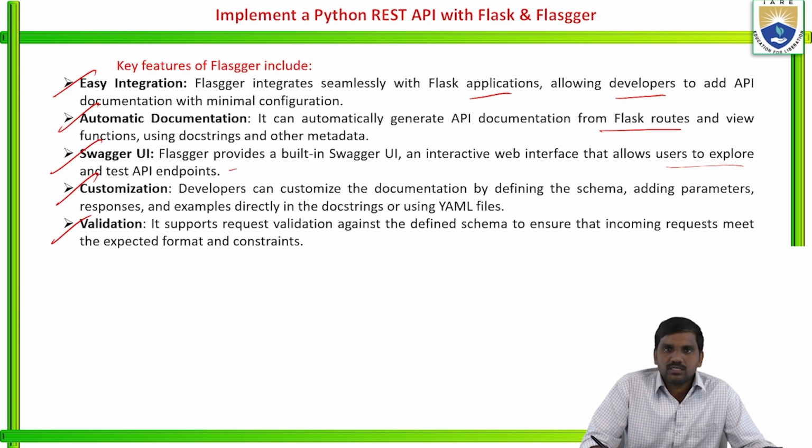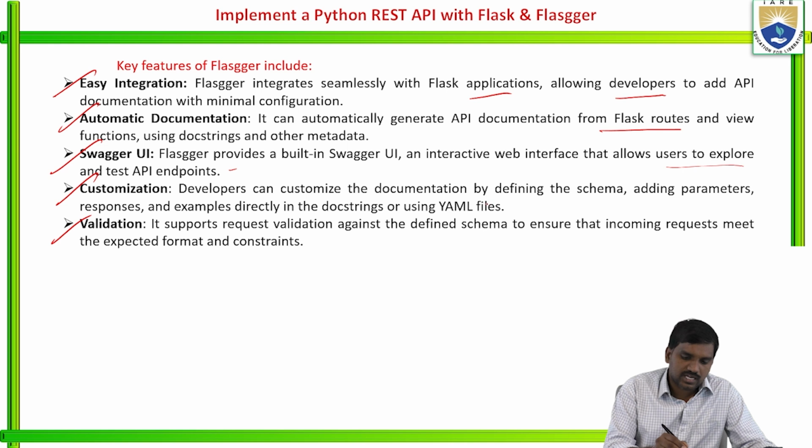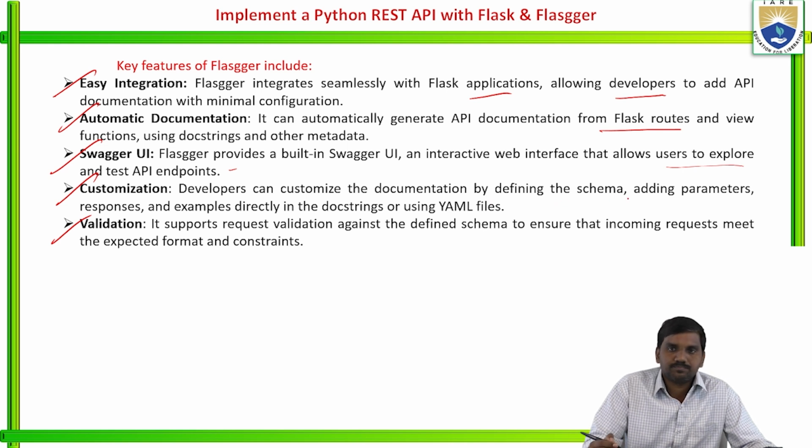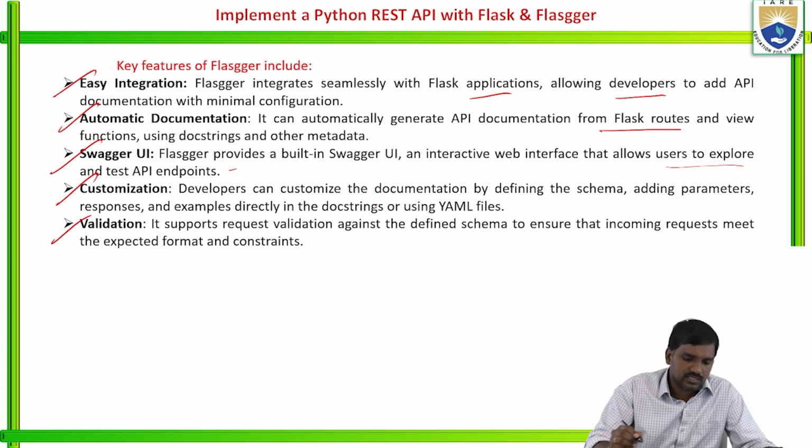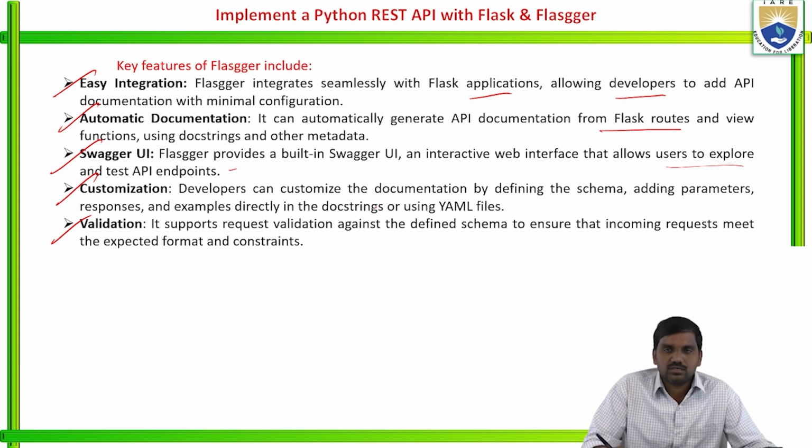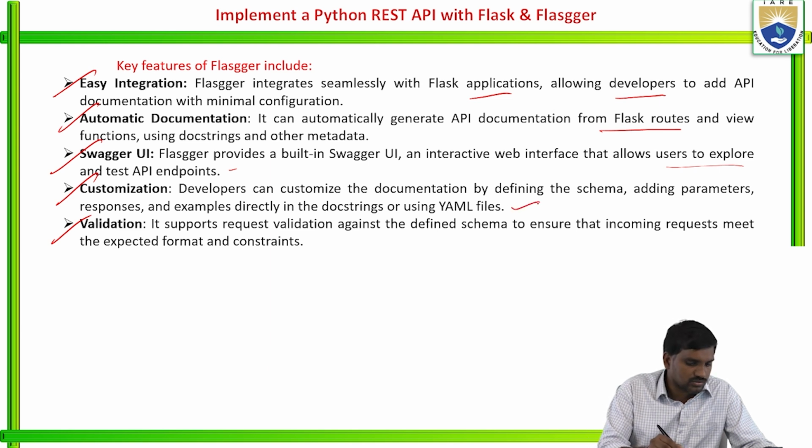This is the third key feature of Flasgger. Next, customization. Developers can customize the documentation by defining the schema, adding parameters, responses, and examples directly in the docstring or using YAML files. This is about customization.